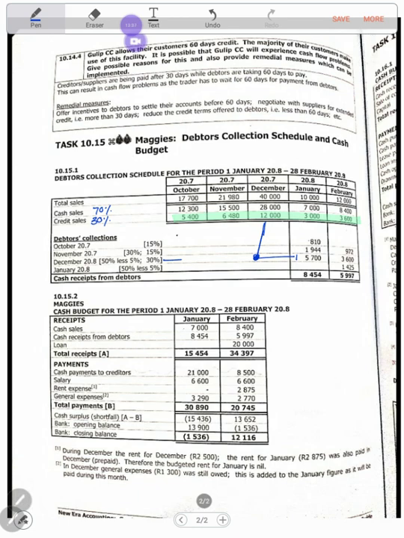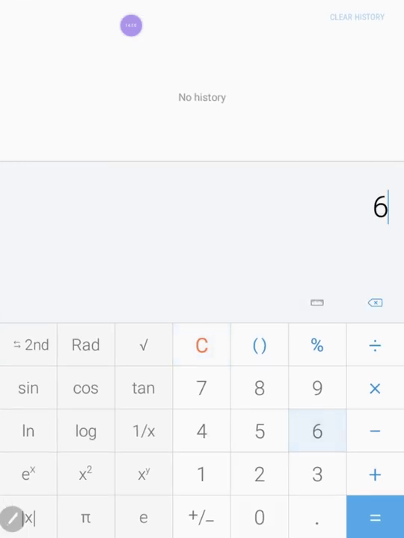All right, so how do we do this? What is my credit sale worth? It is worth 12,000 Rand. I'm going to multiply it by 50% in order to figure out how much will be paying me in the month of January, 1 month later. And that will be 6,000 Rand. Don't forget, we have to subtract the 5% discount that we are giving to our debtors. 6,000 times 5% is 300 Rand.